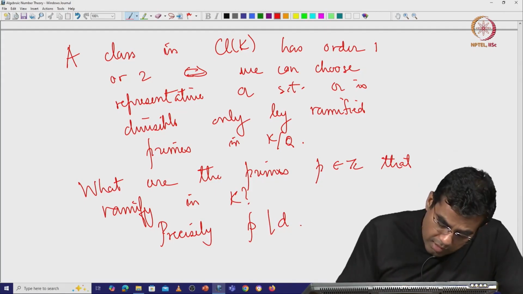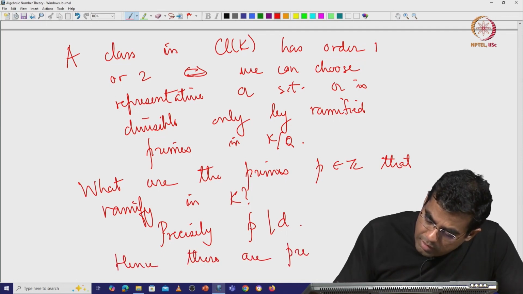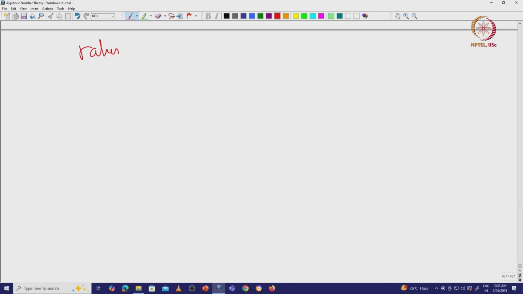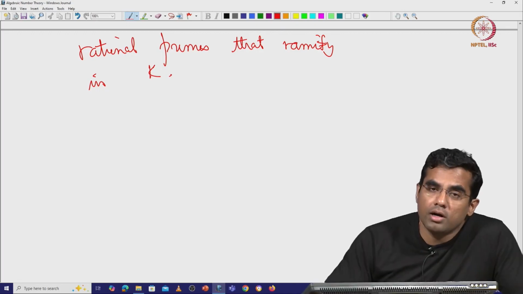And so there are precisely t rational primes that ramify in K, right. And so there are 2 to the power t possible combinations of these primes, right.